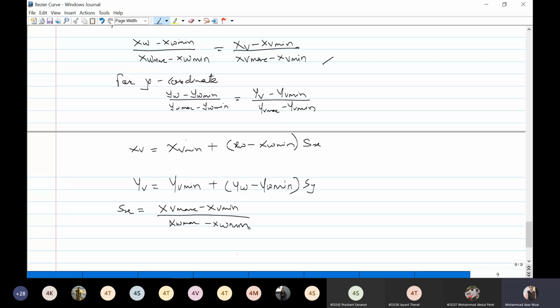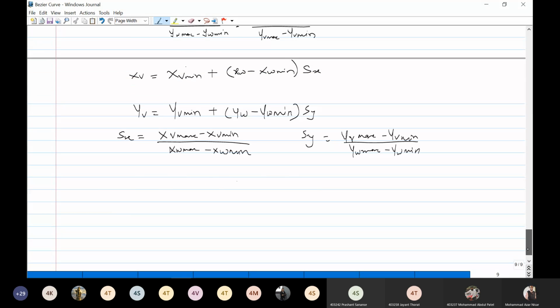And for Sy, yv max minus yv minimum divided by yw max minus yw minimum. So if we convert this into matrix form, what will be the equation in matrices?